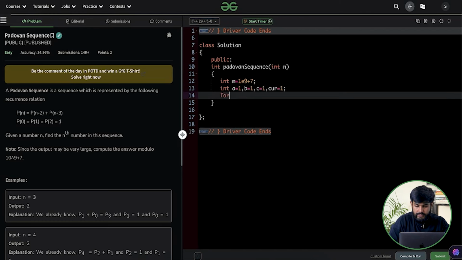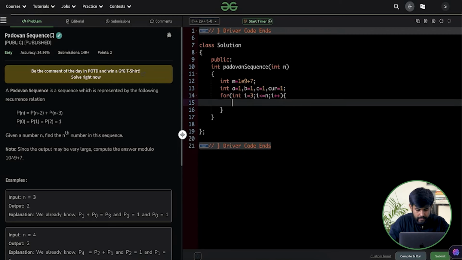Now let's start with the progress. For int i equals 3, i less than or equal to n, i plus plus, when we go here, we would say current is equal to b plus a, since current minus 2 would point to b and current minus 3 would point to a.